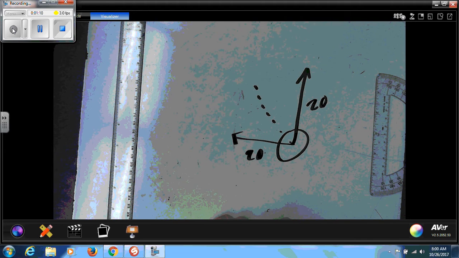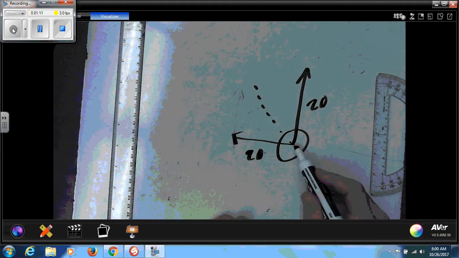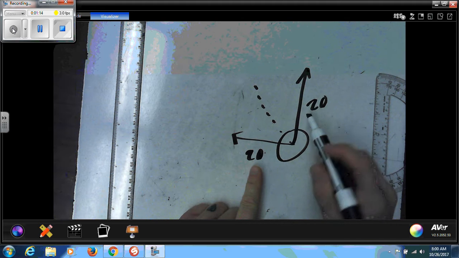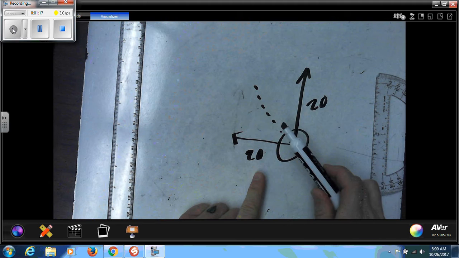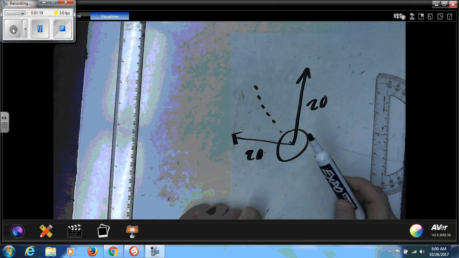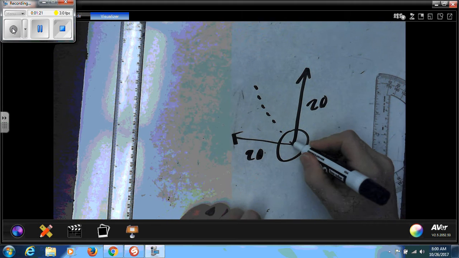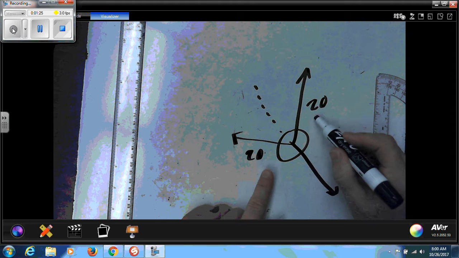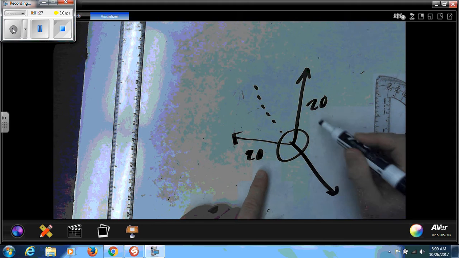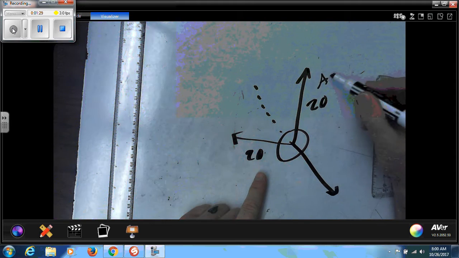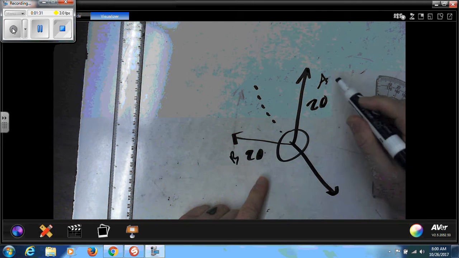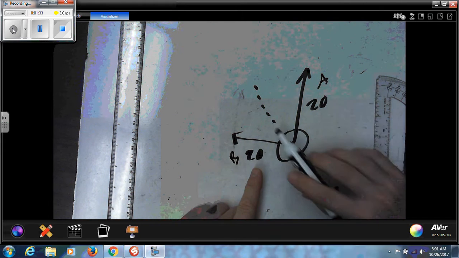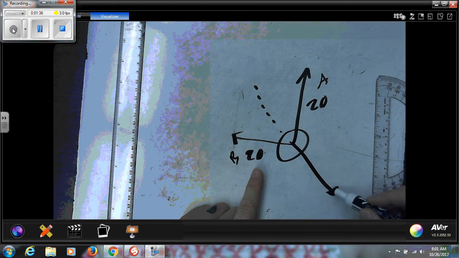Well, what we did next is we tried to figure out how you find the direction of the net force in this direction. How do you know the magnitude of it? Because every vector has a magnitude and a direction. We figured out if you pull exactly opposite of that, that would be the force that would balance these two. It's called an equilibrium force. So if this is the force A and this is the force B, then A plus B is exactly balanced by something going the other direction.